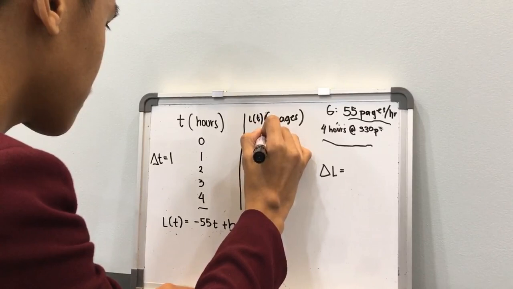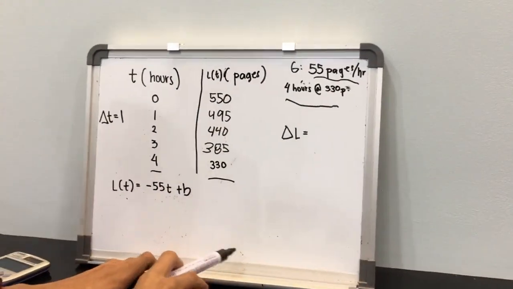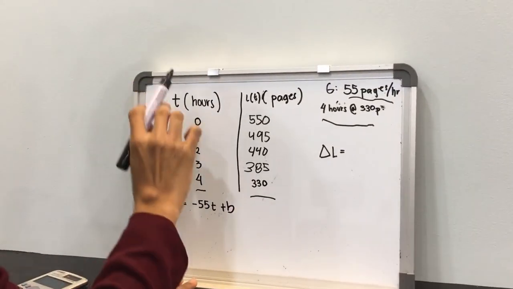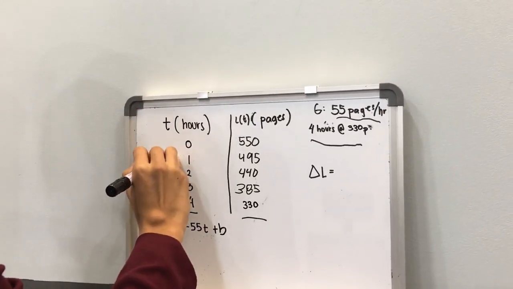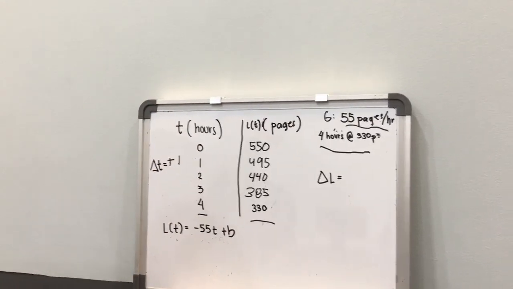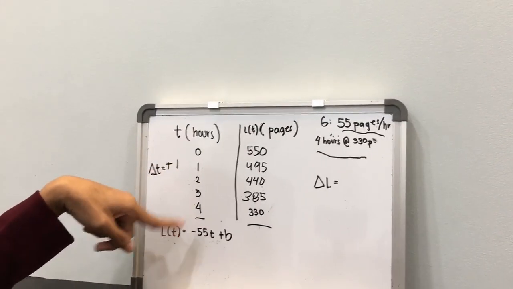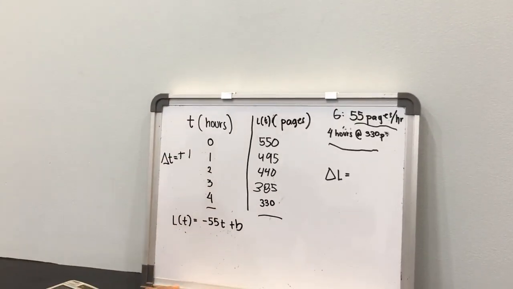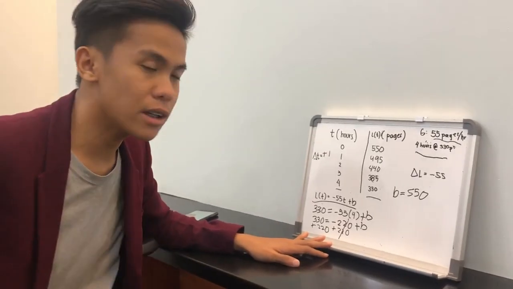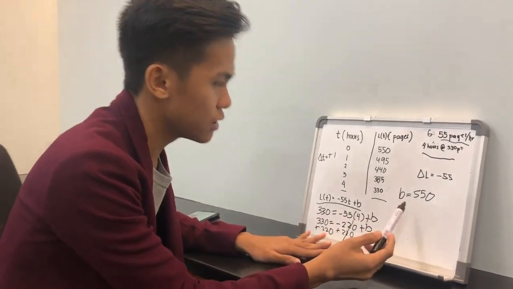As you can see, we have the rate of change. Time is plus 1, because the time interval we have increases by 1 hour.